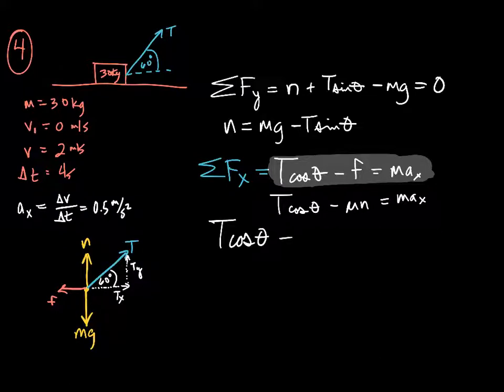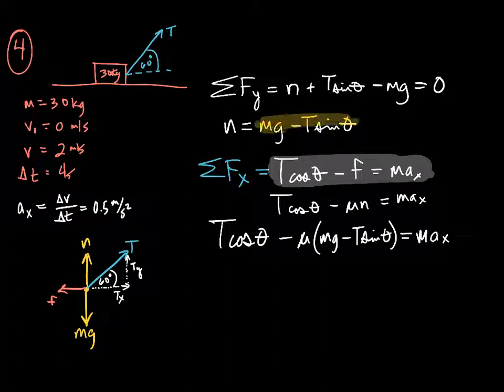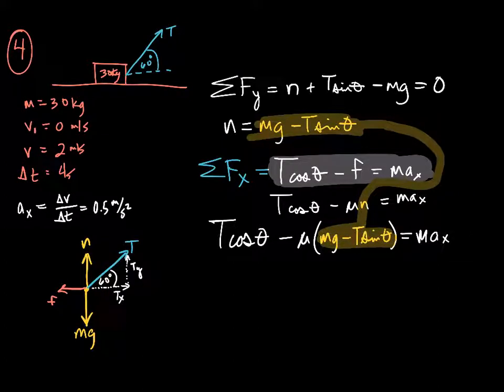So we would plug this in: mu times (mg minus T sine theta) equals ma in the x direction. So that means we need to distribute all that out.